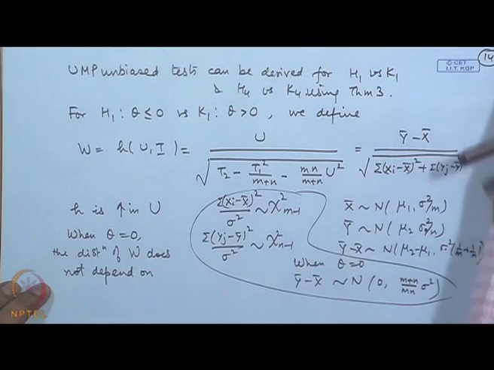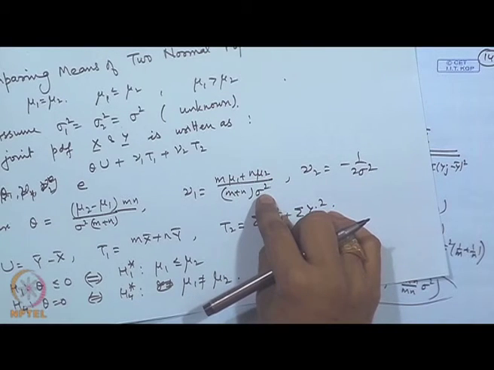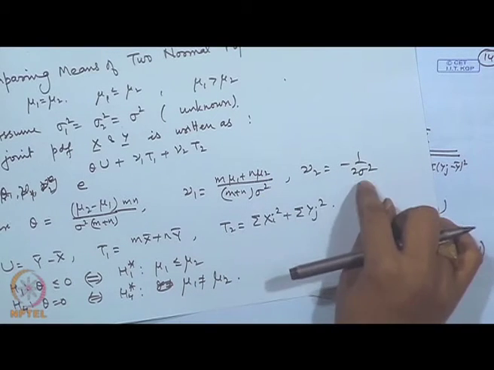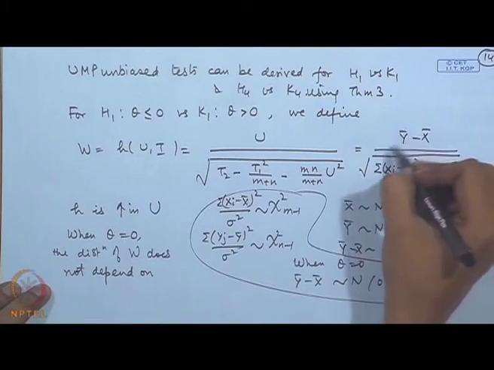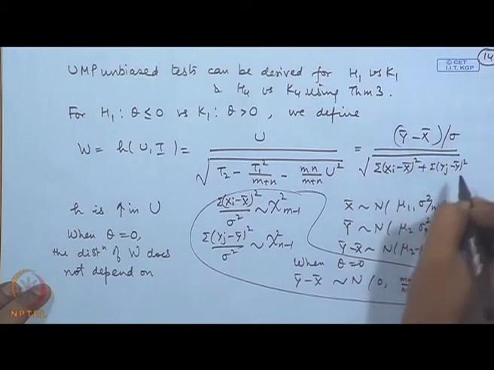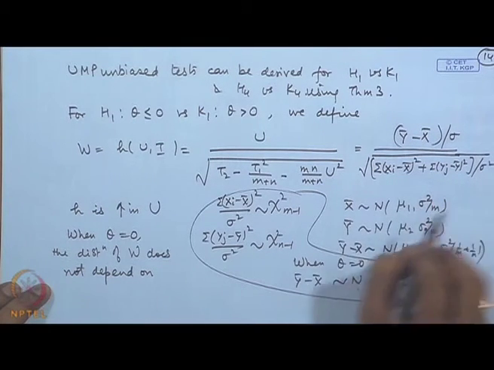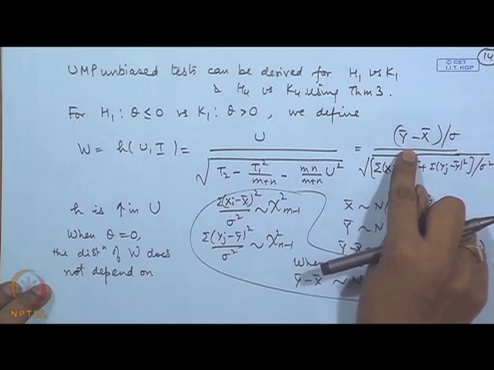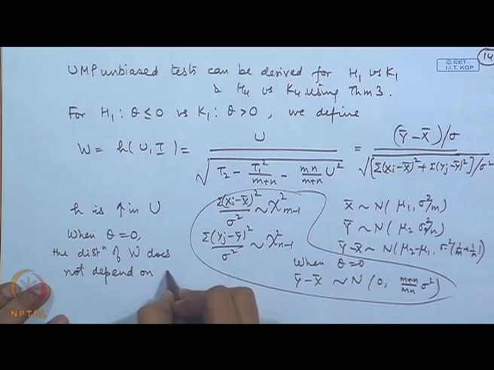What is nu 1 and nu 2 here? Nu 1 involves mu i's and sigma square, nu 2 involves sigma square. If I take the numerator divided by sigma and the denominator divided by sigma square, you can easily see that the distribution of W is also free from sigma.